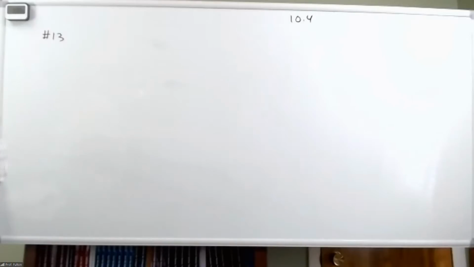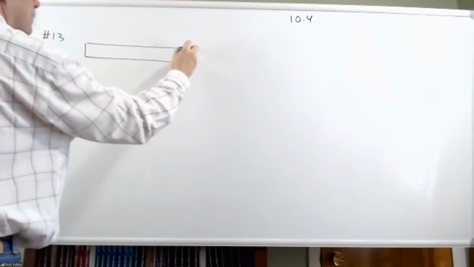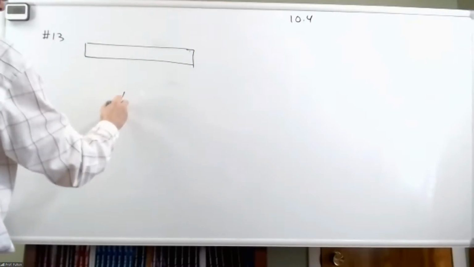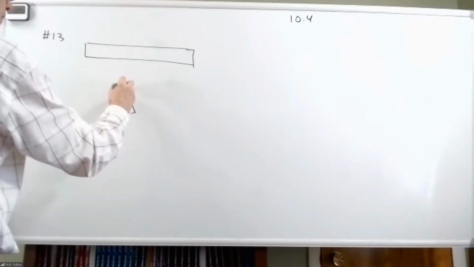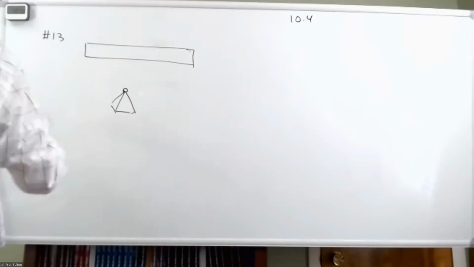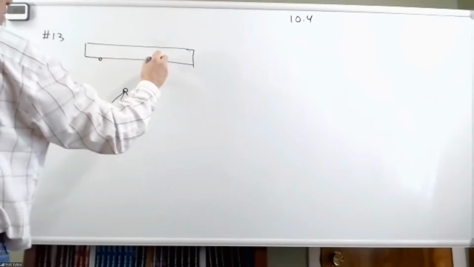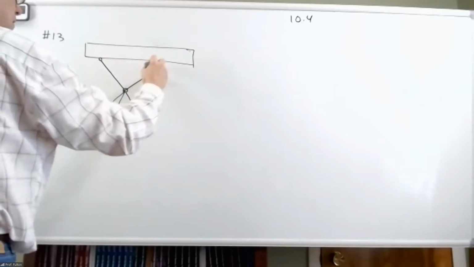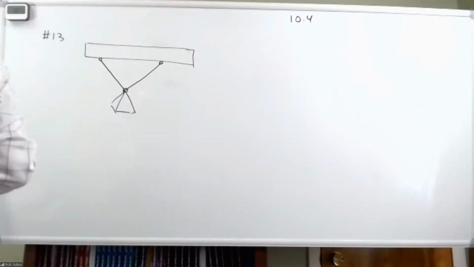So in problem number 13, we have a graph. We have like an I-beam over here, and then we're hanging a weight from that I-beam. It has two little eye hooks, one over here and one over here, and we have some metal cables.